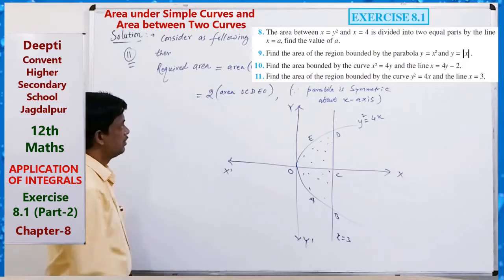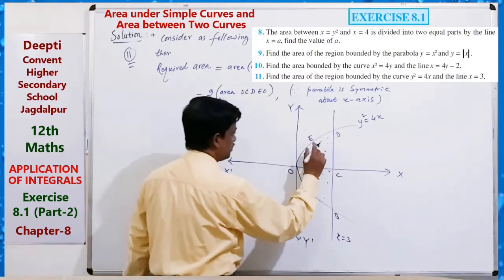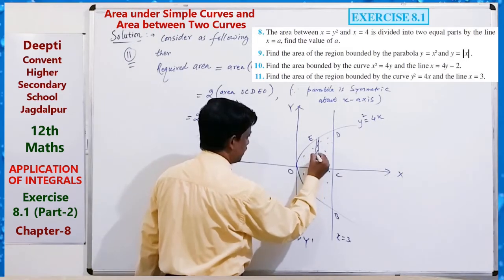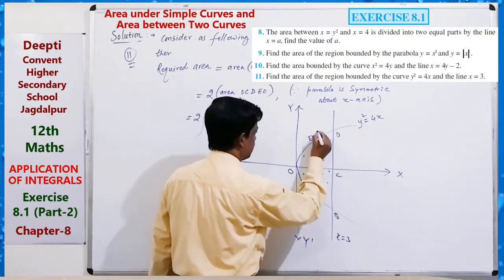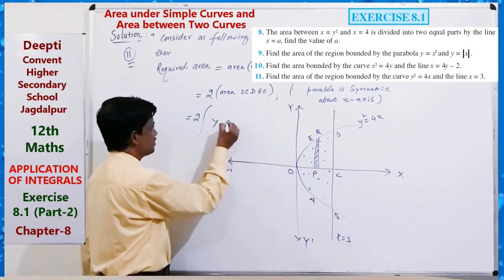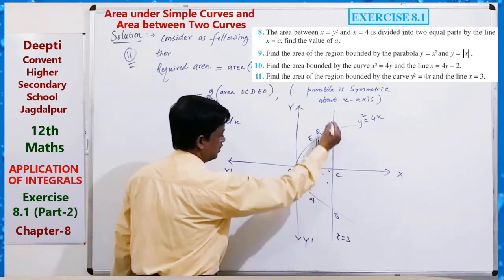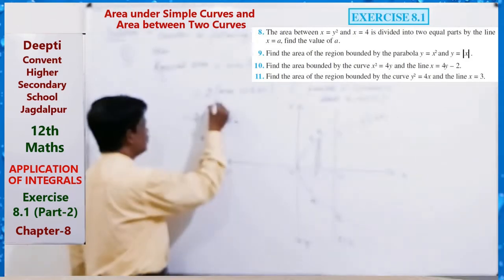Clear? Now for 2 times the area of this part, we can take a vertical strip PQ, that is y dx, with limit from O to C, x equal to 0 to 3.